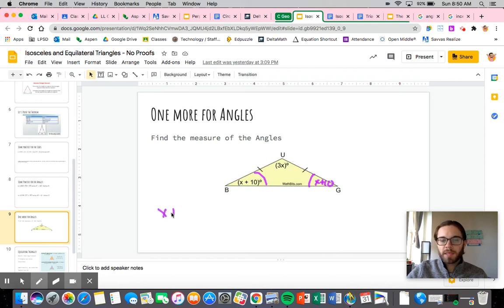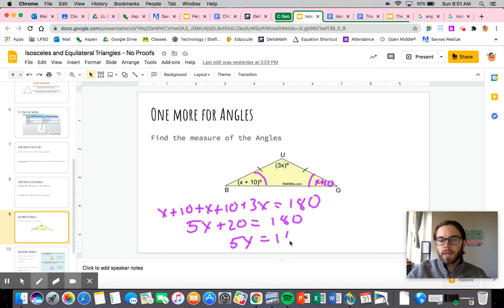So we have x plus 10 plus x plus 10 plus 3x equals 180. So I'd get 5x plus 20 equals 180. 5x equals 160. Right? We divide 160 by 5. You'll get 32. And now we just need to plug in.